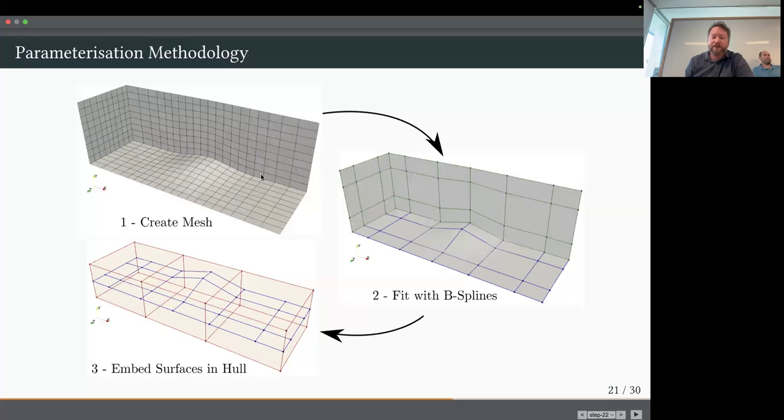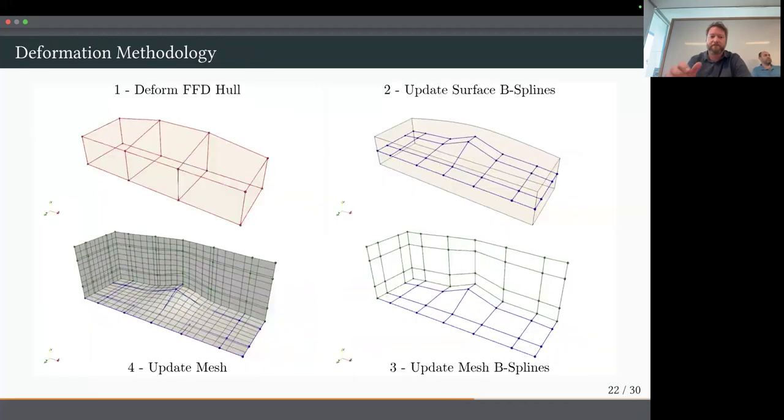So we build a mesh. We're going to fit the B-splines. Here, the blue is our surface of interest. That's going to be our design. But we're also fitting to the volume mesh at the same time with our B-spline volume. And now we're going to put that hull around the surface of interest. So these red points will become our design parameters when we're running the optimizer.